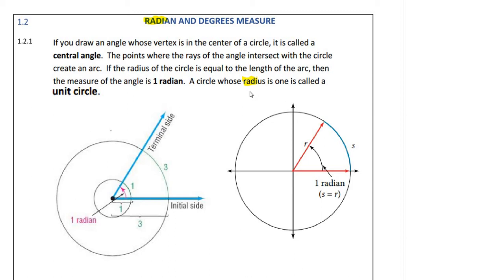Now, the difference between degrees and radians is that, as I said before, when it's degrees, the degree is not the same as a normal value, a normal number. It's something different.